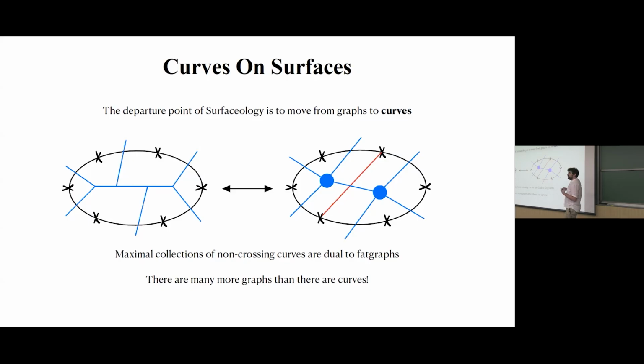Now, a collection of non-intersecting curves is dual to exactly one diagram. So the basic point is not to focus on the diagram, but on the curves. The advantage of doing so, the obvious advantage, is that there are many more graphs than there are curves. So it's easier to work with curves instead of graphs.